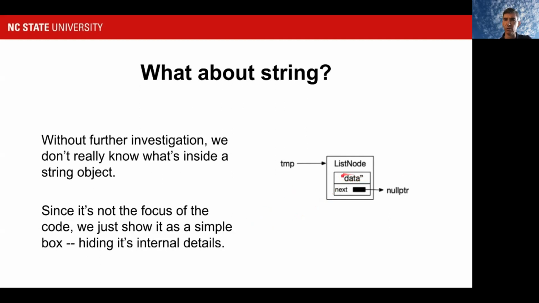I'm just going to use our C++ principles of abstraction to hide those details and just say, well, I know it's data, and somehow that data gets represented by a string object. And we'll use that from time to time to simplify how we draw things. Again, the thing we want to focus on now is how the linked list works. So I'm going to represent the next pointers in detail, but exactly what this data is, I'm going to abstract that away because it doesn't matter that much.